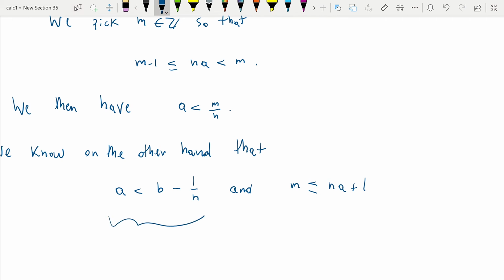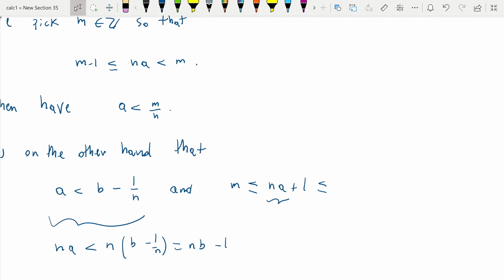If you multiply this by n, remember n is positive, we get that na is less than n times b minus 1 over n, which, if we distribute, gives us nb minus 1. We can plug this in here instead of na, because that bounds na from above. So you get nb minus 1, and then plus this 1 over here, and this minus 1 and 1 cancel out, and this gives us nb.